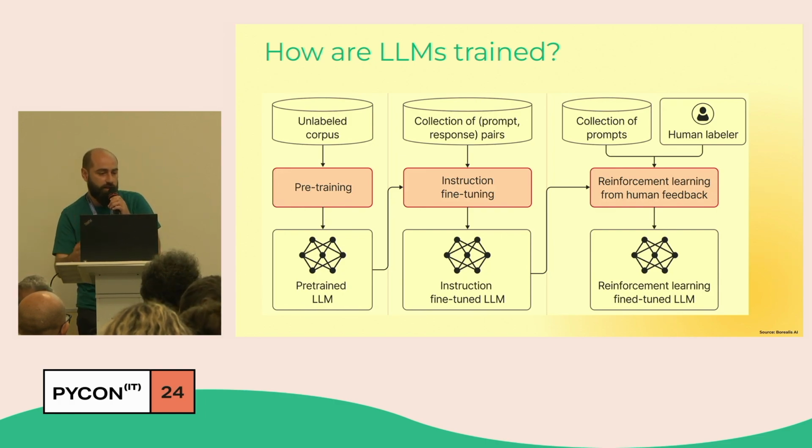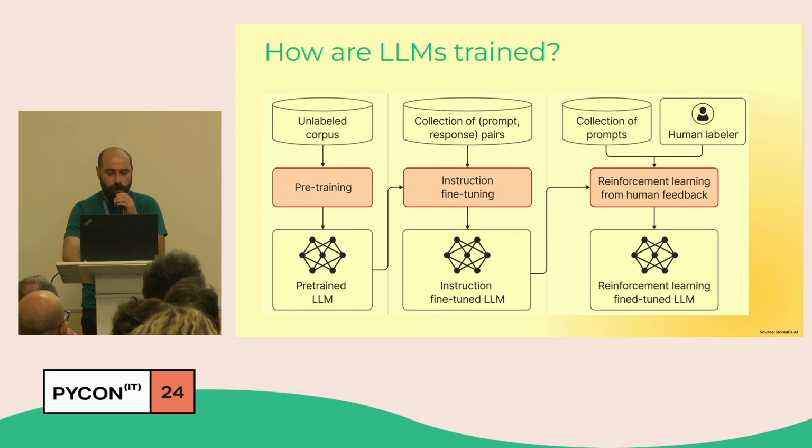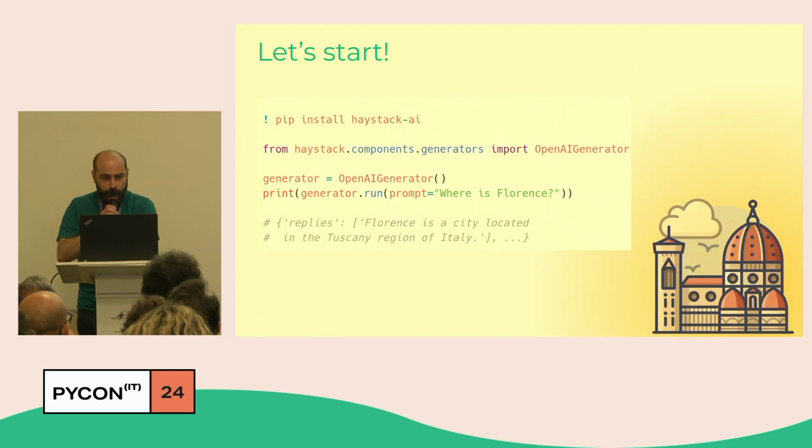In this phase, the model learns how to align, how to provide helpful responses. In this slide, it is done with reinforcement learning from human feedback, as in OpenAI models, but there are other simpler techniques to do that. But at the end of the third phase, you have a model which is usable for real-world applications. So let's start.